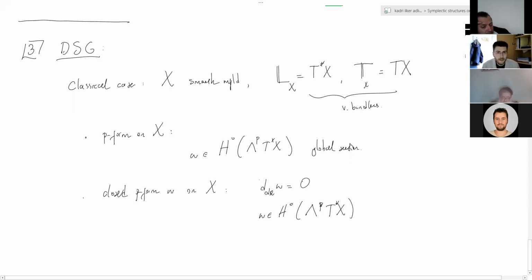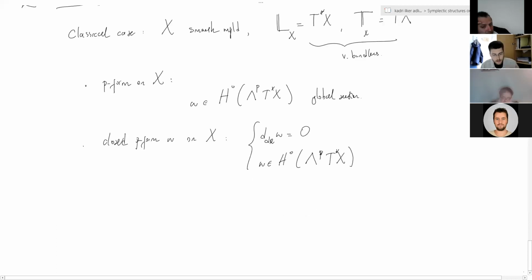This is how we define a closed p-form. But now, in this scheme theoretic or derived setup, remember in the classical case we have honest vector bundles, but in the derived setup this thing is not a vector bundle. This thing is a double complex.